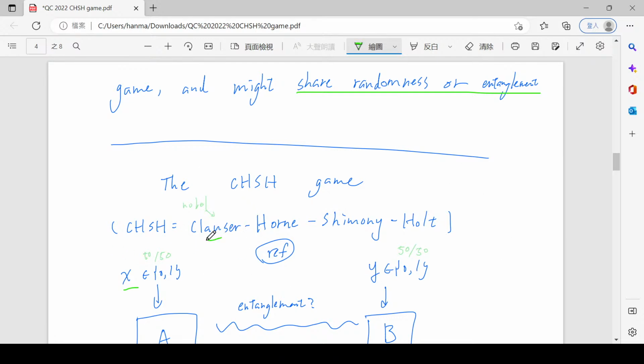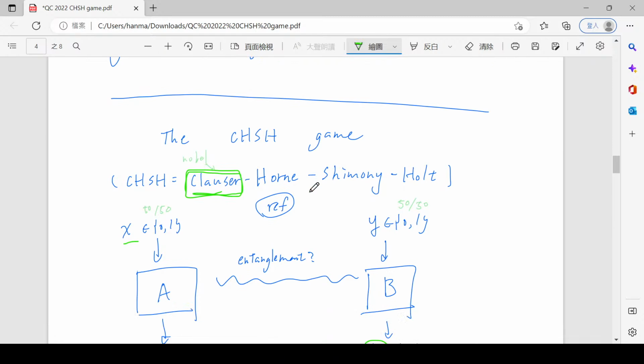In particular, Clauser gets one third of the Nobel Prize for the experiment on this. Unfortunately, some of the others are dead. You need to live long enough to get a Nobel Prize, but Clauser got one, so that's really cool.